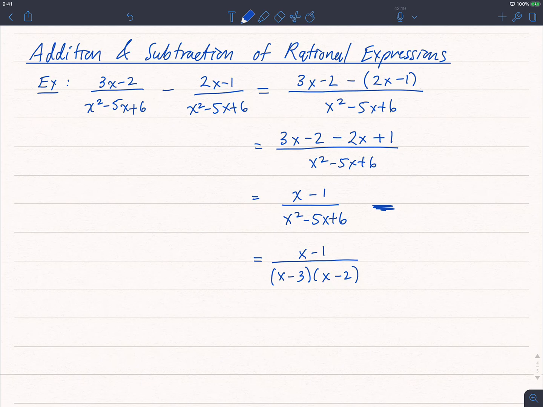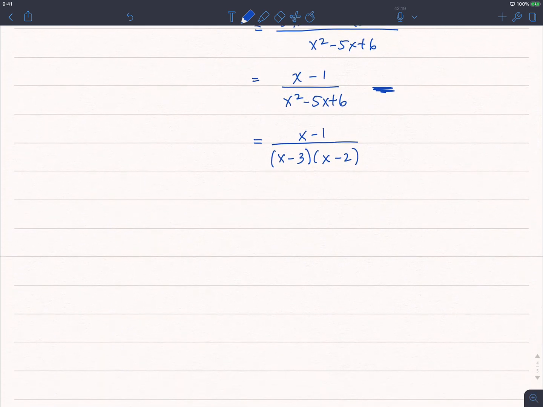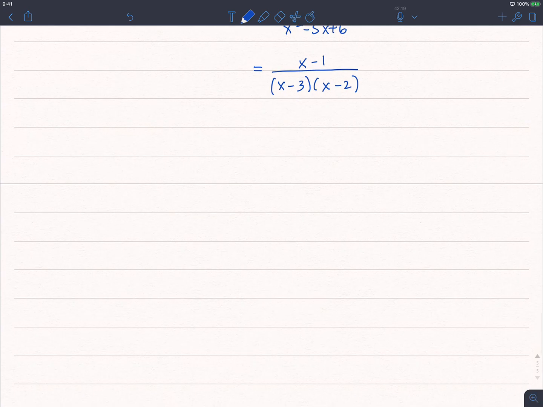Okay, so let's jump right into finding a least common denominator of two rational expressions, because we're going to need to know how to do that when we add expressions that don't have the same denominator.